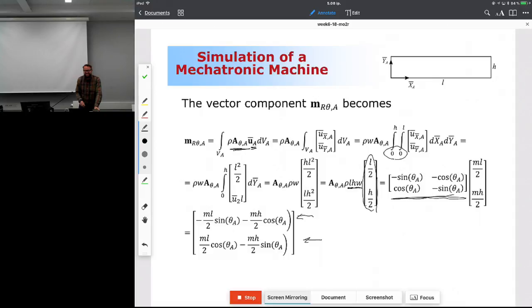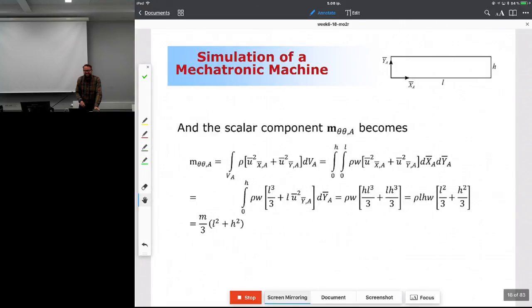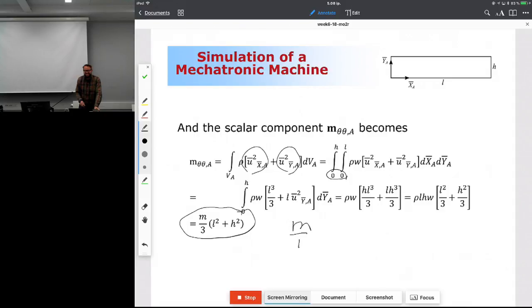Okay? My final component is the mass moment of inertia. So it's a mechanical math. I will take this vector u bar, these components, and then I will do these volume integrals. And what I will get is this one here. Remember, in the previous case, it was mass divided by 12 multiplied by L squared plus H squared.